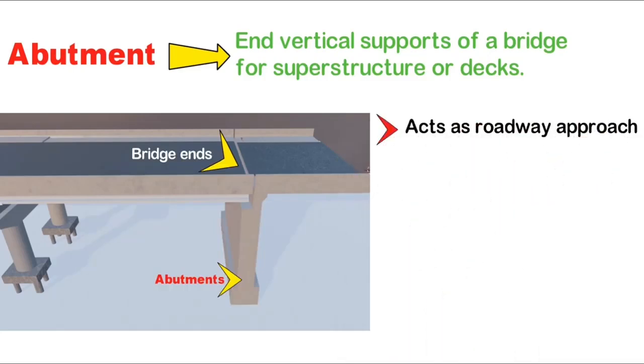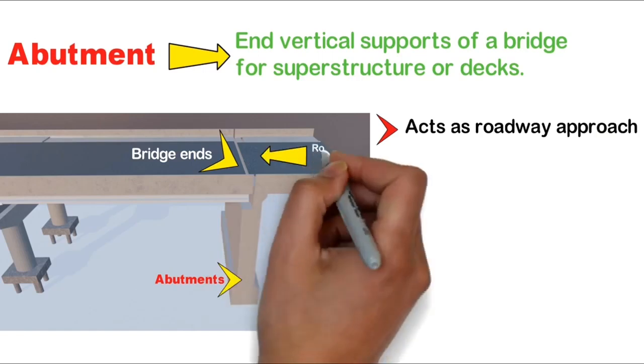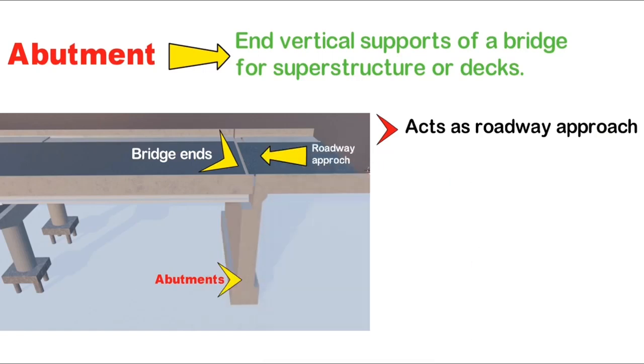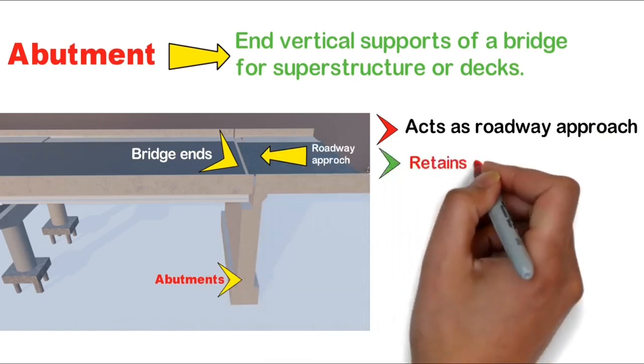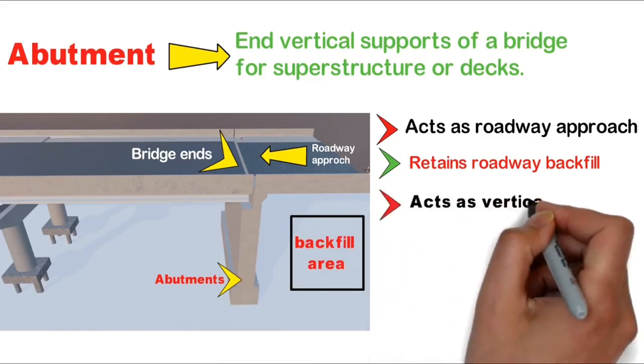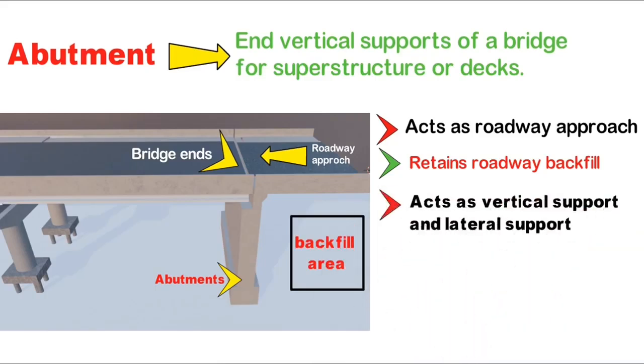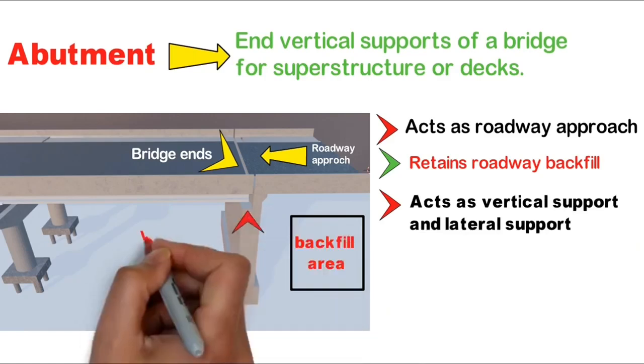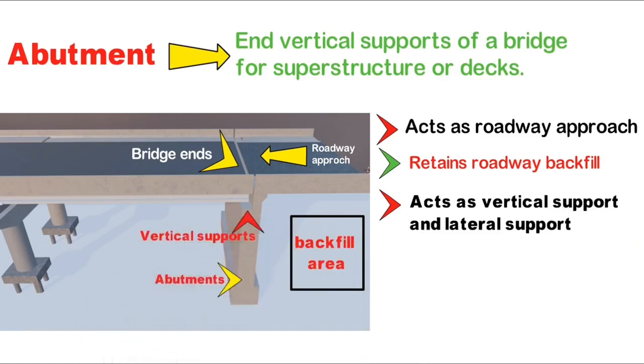This is the area where the road connects to the bridge, and it retains the roadway backfill. The backfill of the road will be retained by this abutment, and the abutment acts as a vertical support and a lateral support. This is the vertical support for the bridge end, and this is the lateral support for retaining the earth fill.